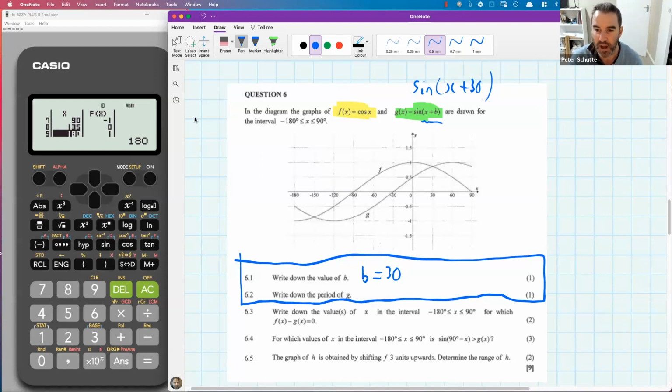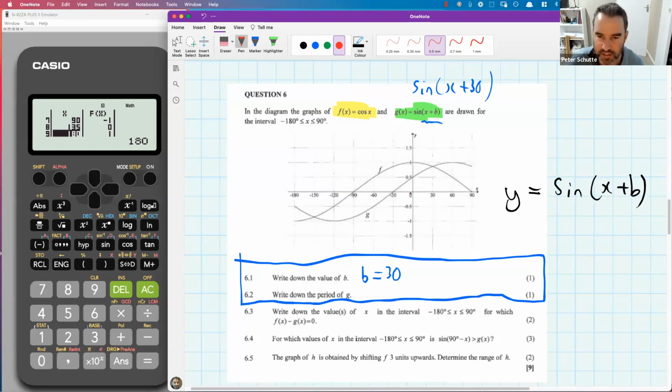Now that's the one way we could do it. The other way is we could take the equation and sub in something. So let's say we have this equation. Can you see that there is a point on the graph? Let's have a look. What point should we use?